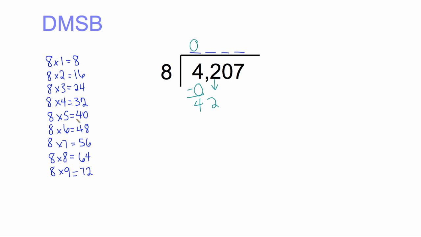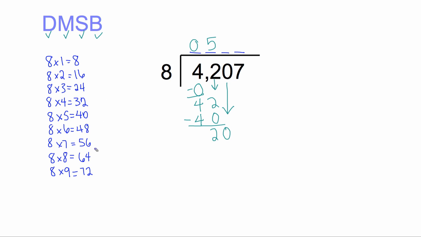So 8 can go into 42 5 times. That's our divide. We already have over to the side that 8 times 5 is 40. We multiply, we subtract, and that gives us 2, and then we need to bring down.